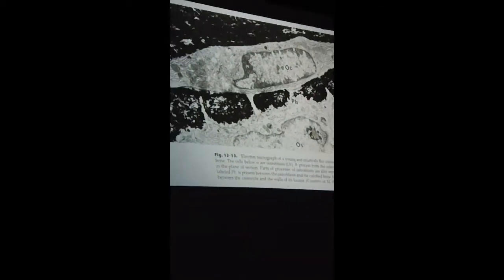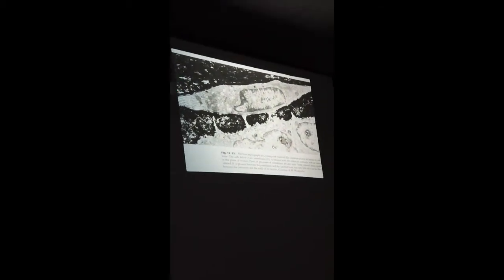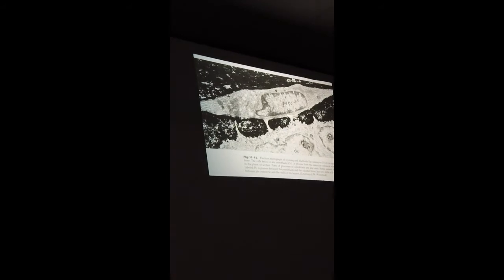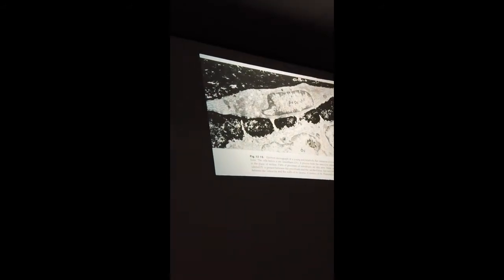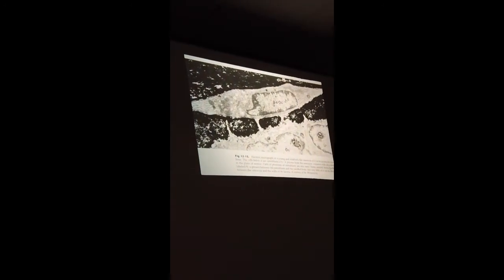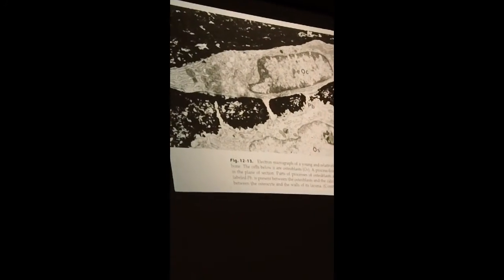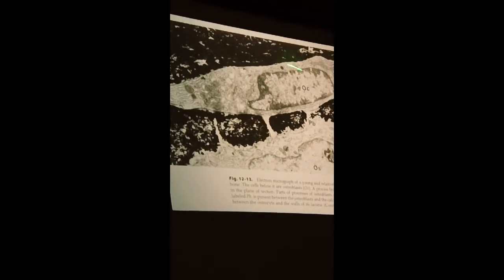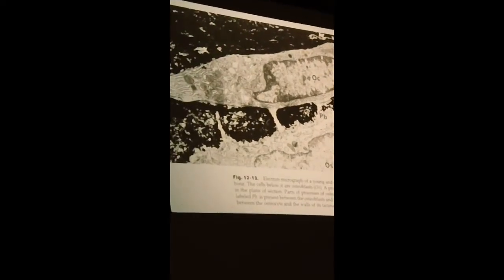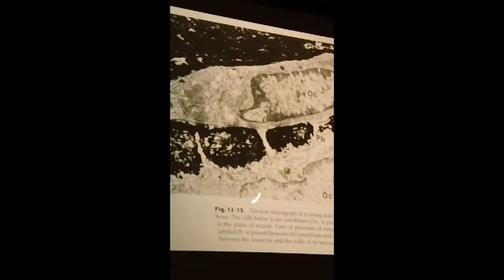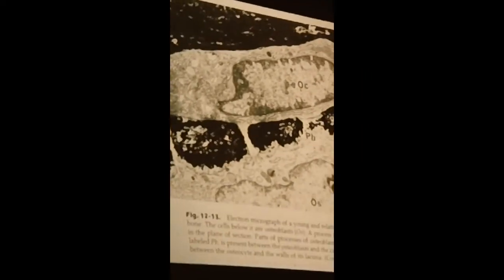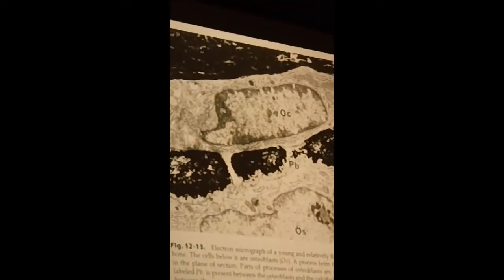Yeah, this is a cool electron micrograph. Mineralized bone is black. Okay, so this cell completely surrounded has to be an osteocyte, right? Notice that it's got lots of rough ERs, so it's actively involved in making matrix. This cell right here is an osteoblast. A little out of context, you can't see that it's on the surface.